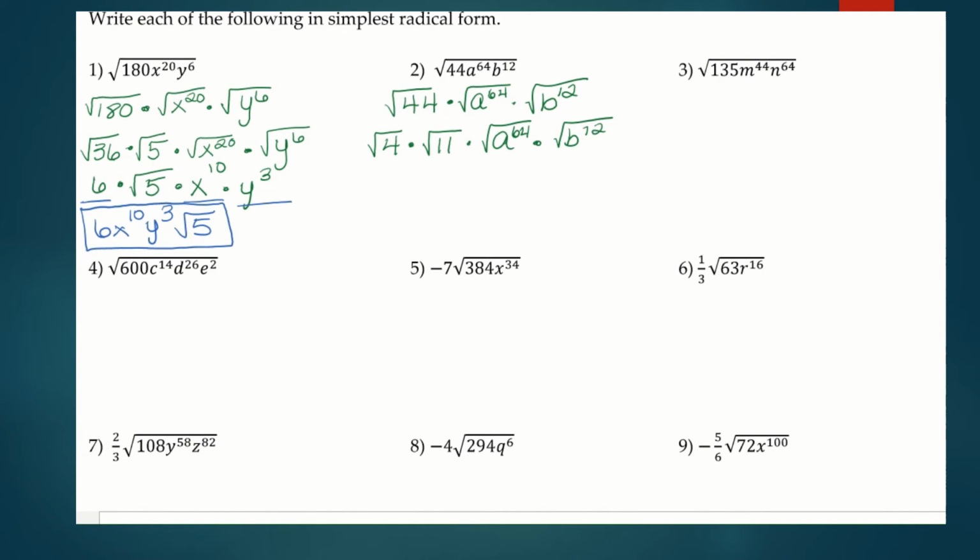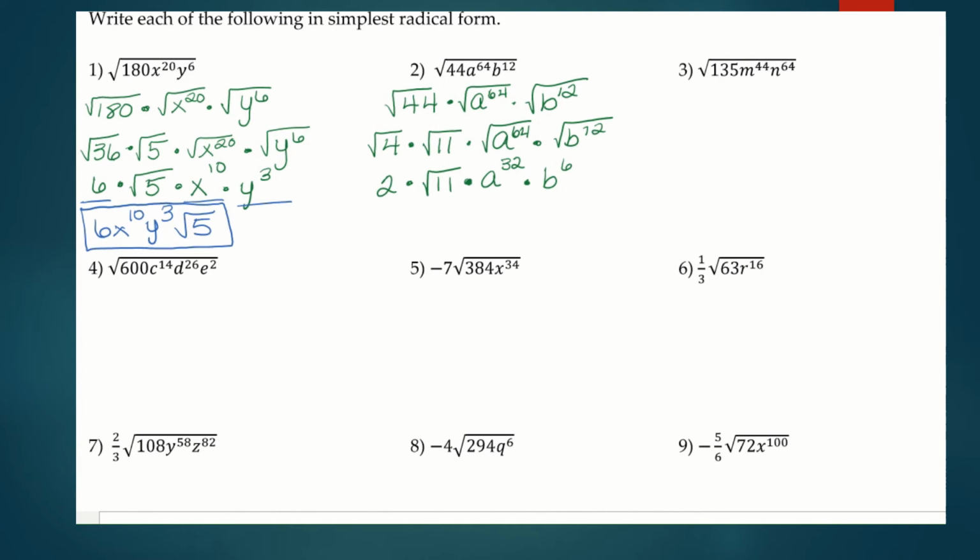All right, so now actually taking the square root of these values, the square root of 4 is 2. Square root of 11 is nothing nice, so we're going to leave that as the square root of 11. The square root of a to the 64th power, remember, take 64, cut it in half. So a to the 32nd. B to the 12th, take 12, cut it in half.